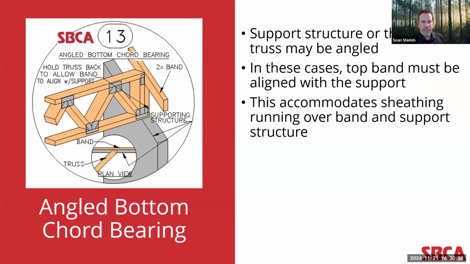In detail 13, we see a situation with an angled bottom chord bearing. Yet another example of the versatility of floor trusses is when a building is designed that may require a truss to span a location where either the trusses are angled or the bearing location itself is angled.